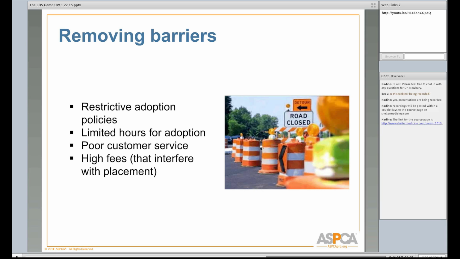They called it the Free for All, and they cleared the shelter of all the cats. The original promotion was just for kittens because they had so many kittens in the shelter at the time. They adopted out all the kittens, and then people were asking if they could have free cats too. So then they made the cat adoptions free as well, and all of the cats left the shelter, which was a really incredible thing to see.